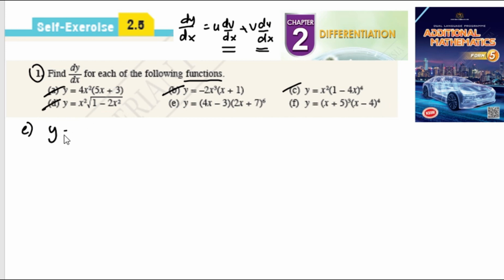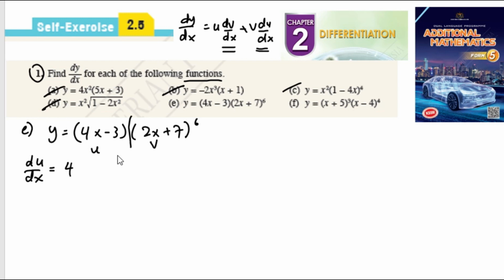Y is equal to 4x minus 3 times 2x plus 7 to the power of 6. So you see here, we know that this one is u, this one is v. So du over dx is equal to, when we differentiate the one with x, we take the 4, and the one without x will be 0.